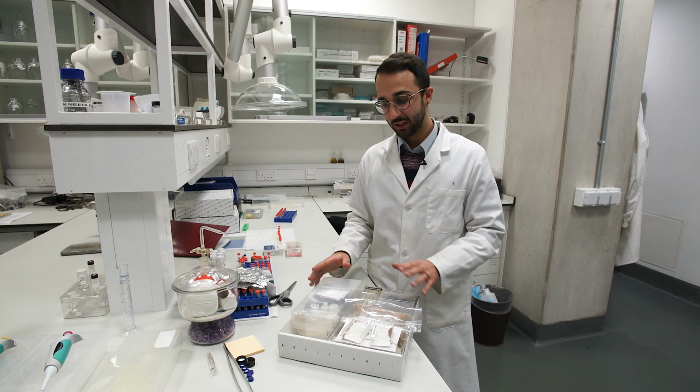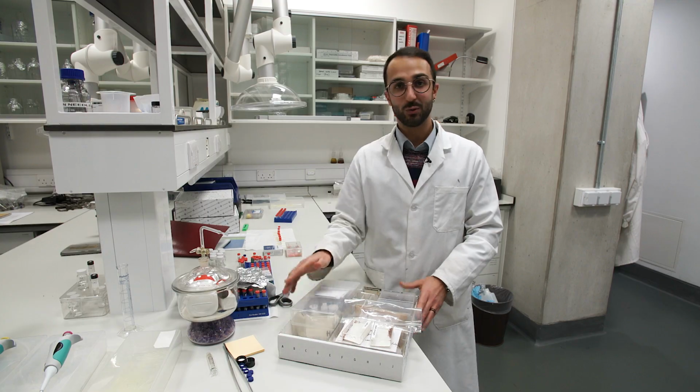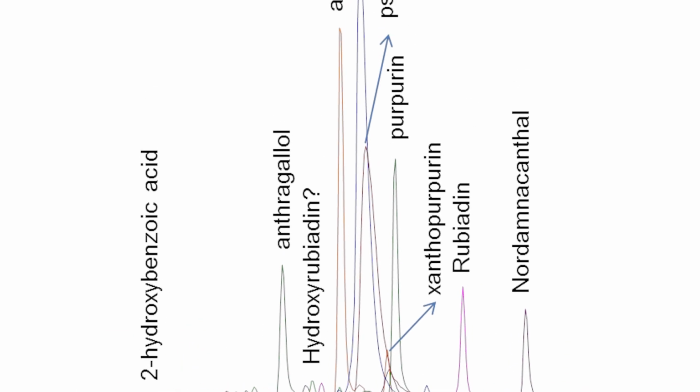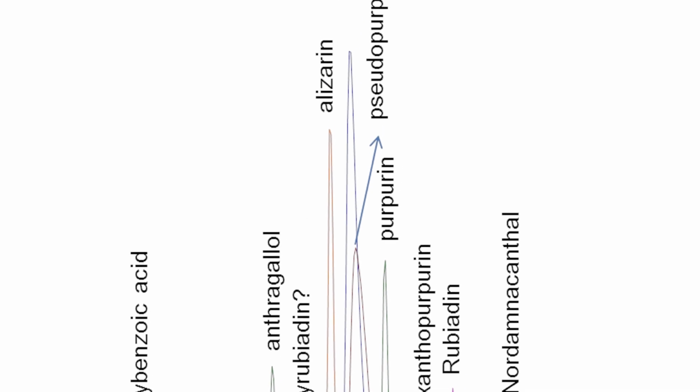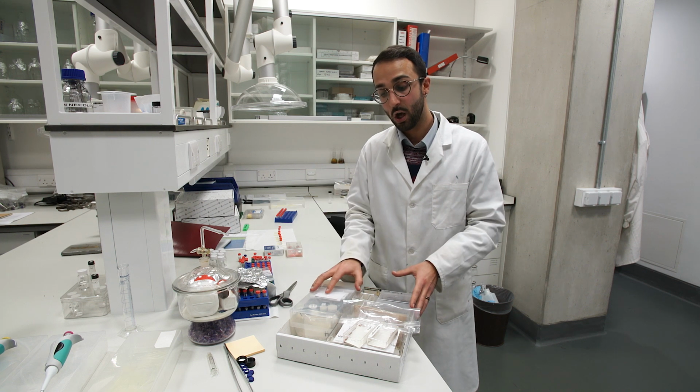So everything you've seen so far is not actually the real time-consuming part. The time-consuming part is the interpretation of the results, and from that try to reconstruct the natural origin of the dyes that were used on the Vulture Peak.